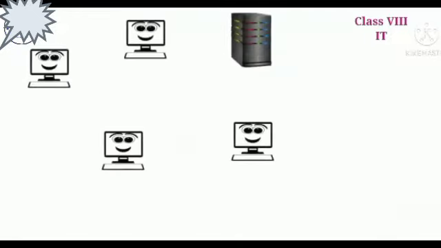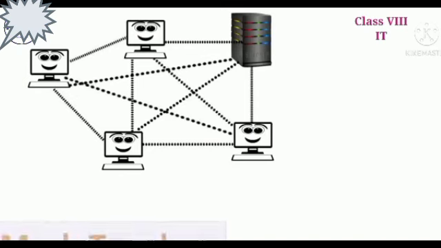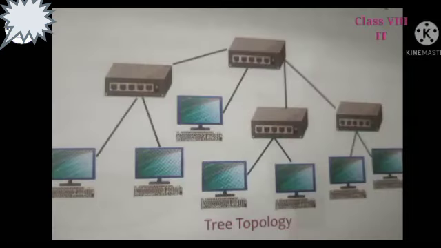The next topology is mesh topology. You can see in this picture, every node is connected to every other device. This type of topology is called mesh topology. There is minimal chance of breakdown in this topology. The next is tree topology. In the tree topology, the hub acts as a root node.